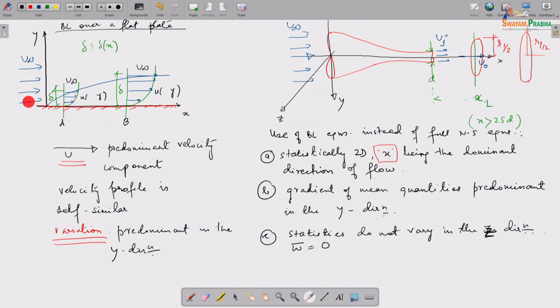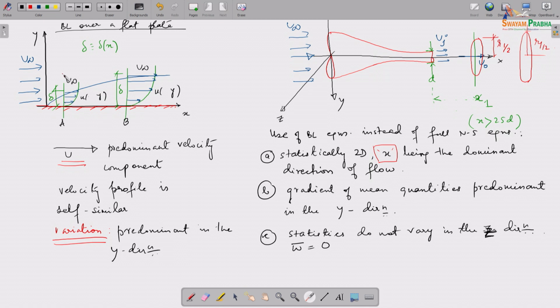The incoming velocity was u infinity, and then it becomes 0 at the wall, at the plate, slowly increases with a profile, and reaches u infinity. So this total height over which this entire gradient is happening is your boundary layer thickness.